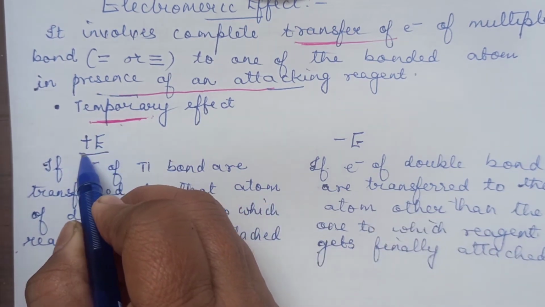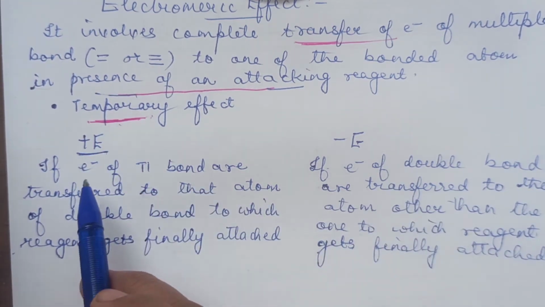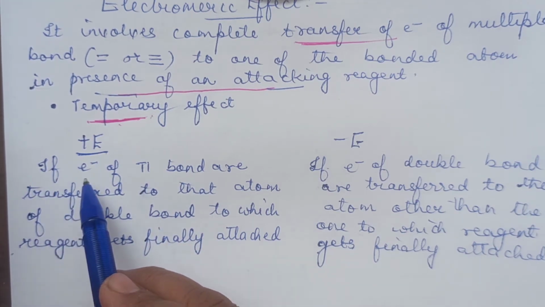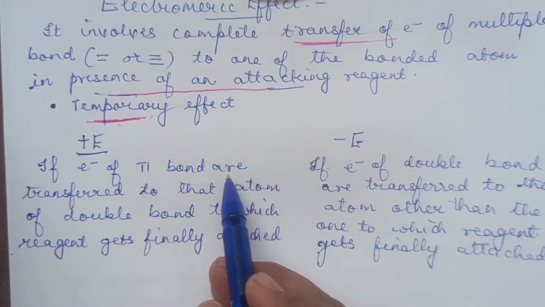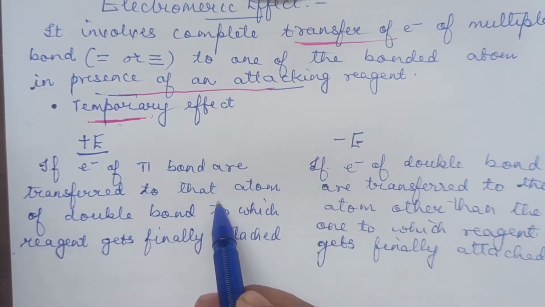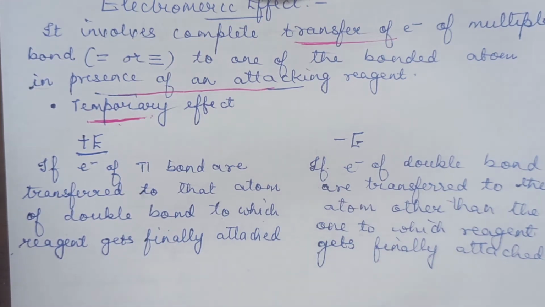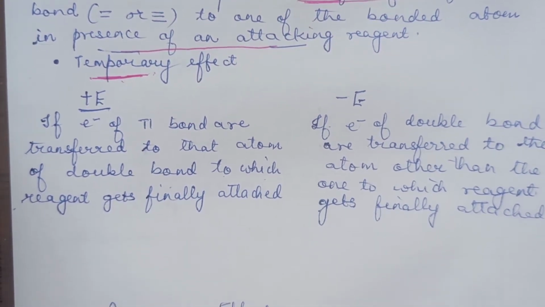Positive electromeric effect is defined as when the electrons of the pi bond are transferred to that atom of the double bond to which the reagent gets finally attached. I don't know whether with just a definition we may be able to understand.